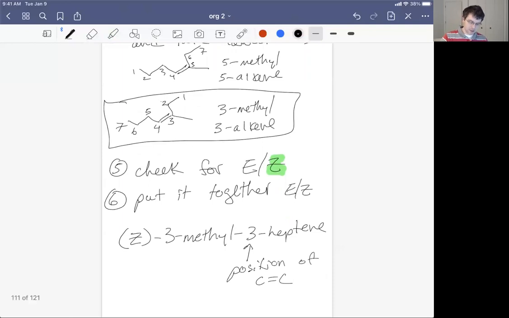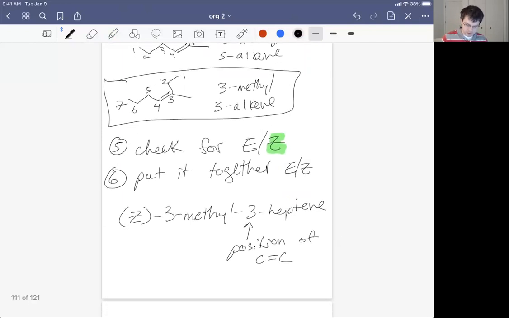Now, it turns out that some folks like to put the 3 in the middle of the parent chain name. I prefer the first iteration of this because I like having all dashes separating letters and numbers.